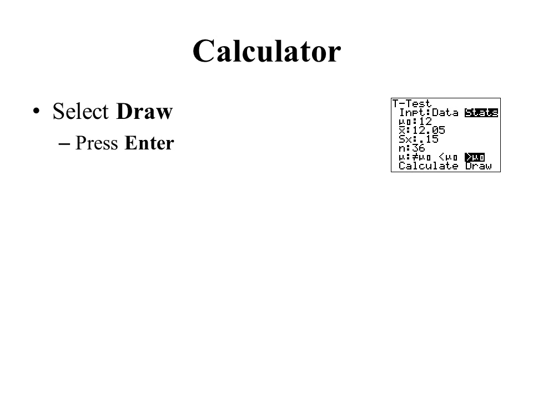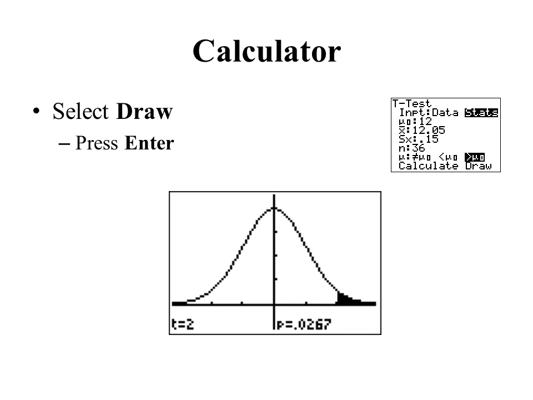Now, just for fun, let's go back to the t-test menu. Enter the exact same information that we entered before, but now instead of selecting calculate, select draw. And when you do that, it gives us a window that looks like this. We see our test statistic t equals 2, our p-value right there rounded off to 4 decimal places.